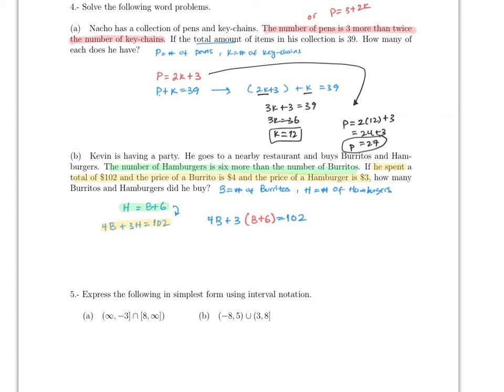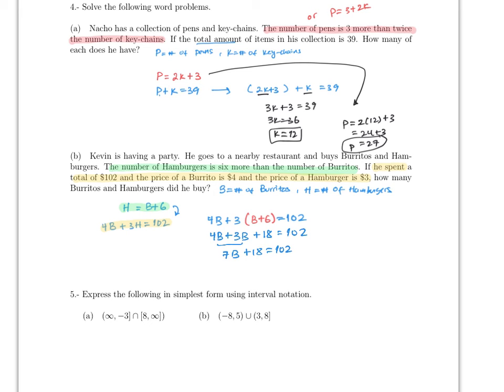So now notice how you only have one variable. You can solve it. So we have 4b plus 3b plus 18 is equal to 102. If you combine the variables, you have 7b plus 18 is equal to 102.